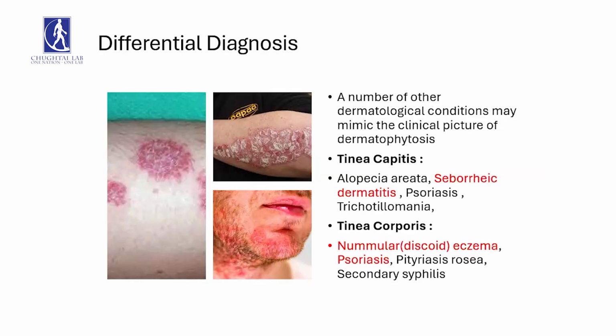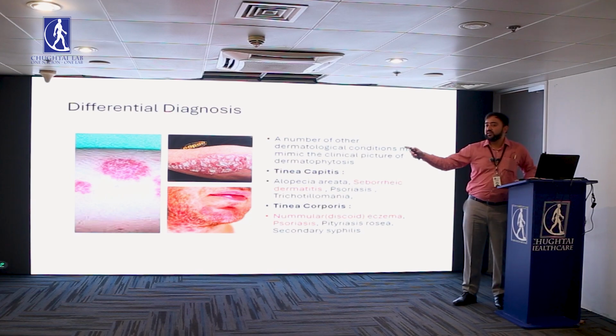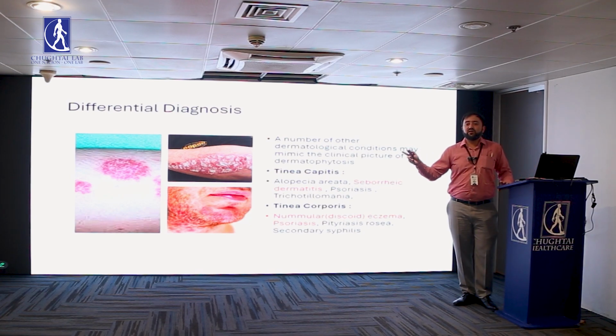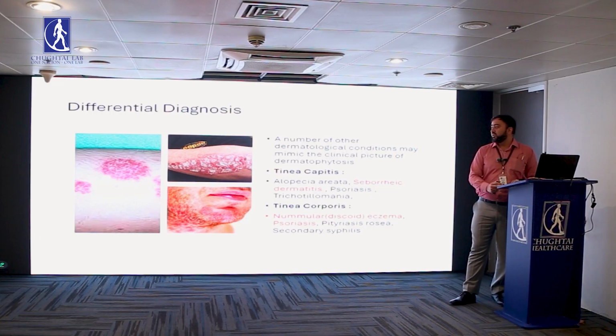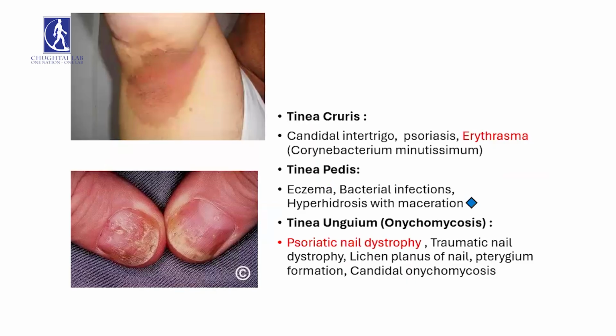Then for tinea corporis, nummular or discoid eczema looks almost similar to tinea corporis. So you can see the round scaly lesions, and these are almost similar in appearance to the rash of tinea corporis. So tinea cruris, that is the infection of the groin. Candidal infections also appear similarly, and then psoriasis and erythrasma, that is a superficial infection by Corynebacterium minutissimum.